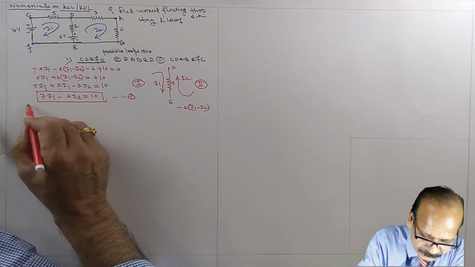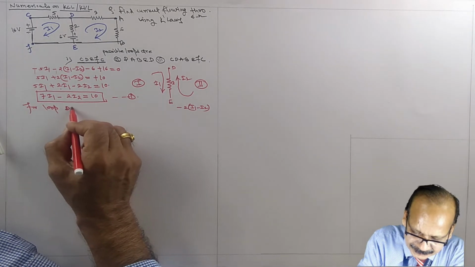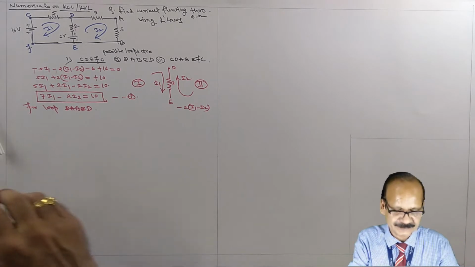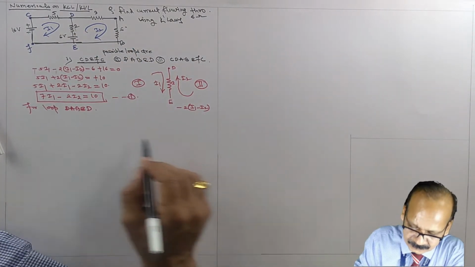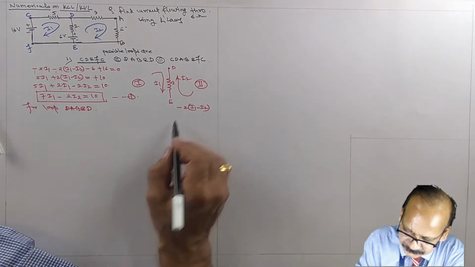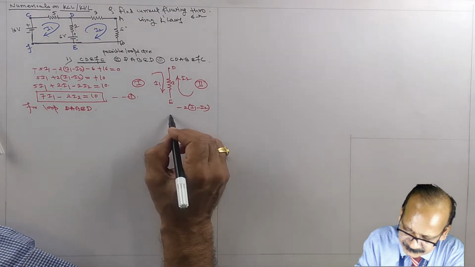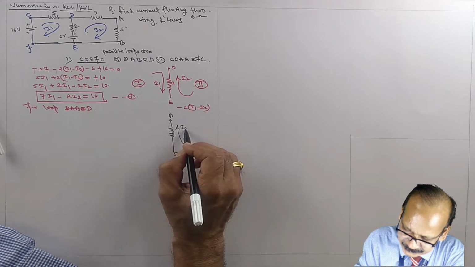Now for the second loop, that means DABED. Now here we are considering the second loop. Say this is D, this is E. I2 is going in this direction.